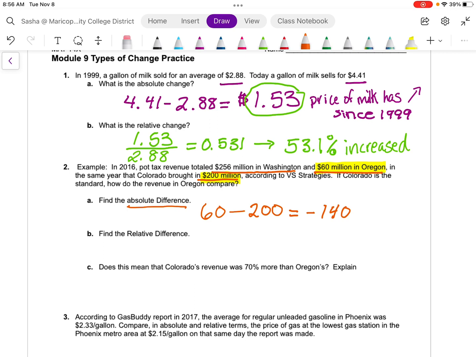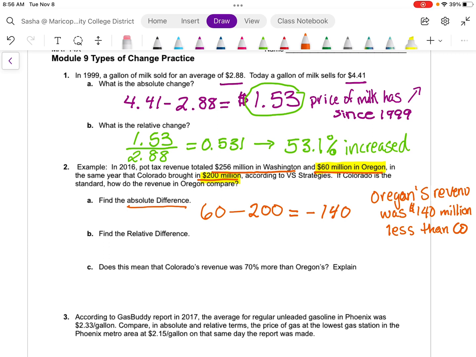So if I were to describe that, I would say, Oregon revenue was $140 million less than Colorado's. So notice we're comparing one to another.